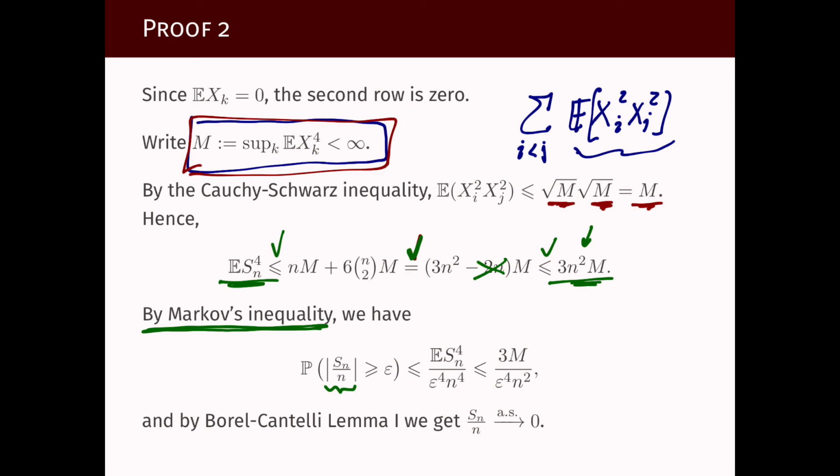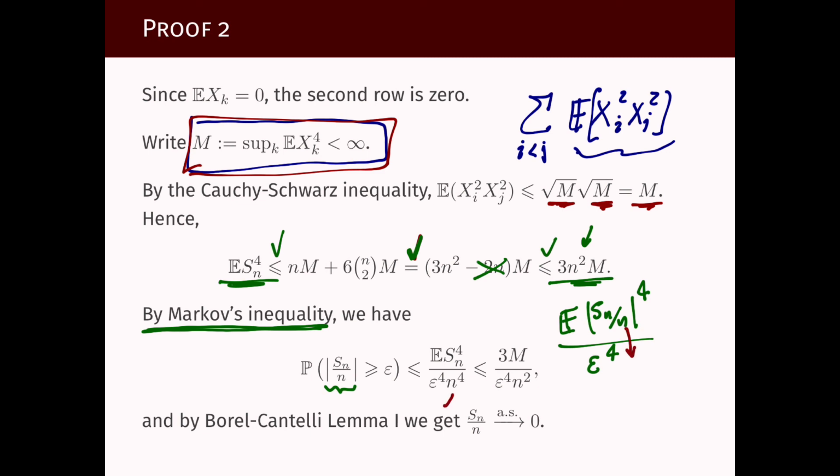We're looking at the probability that this random variable is larger than epsilon. We're going to take the fourth moment. So this will be bounded from above by the expectation of Sn to the fourth power divided by epsilon to the fourth power times n to the fourth. I'm just taking this n downstairs here.